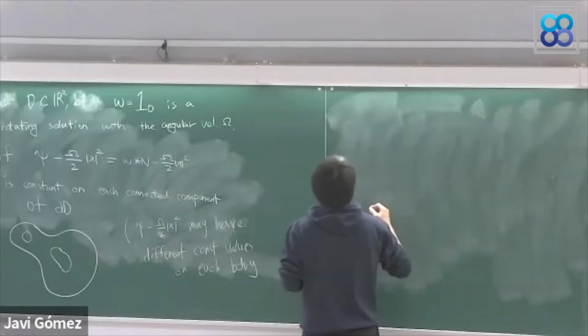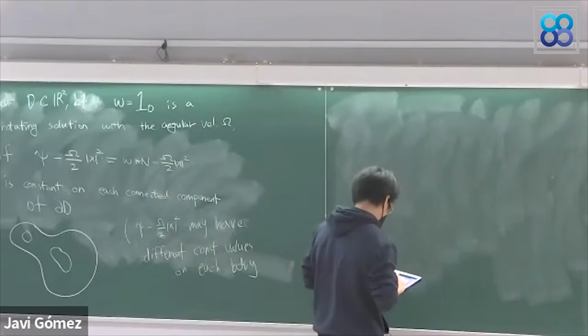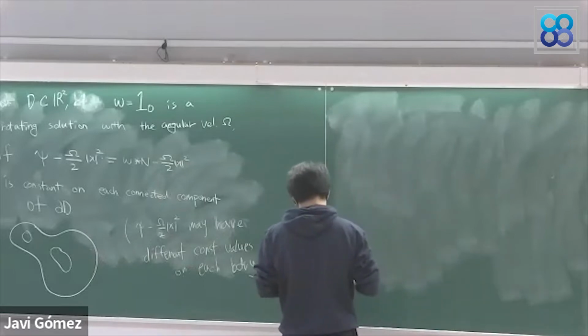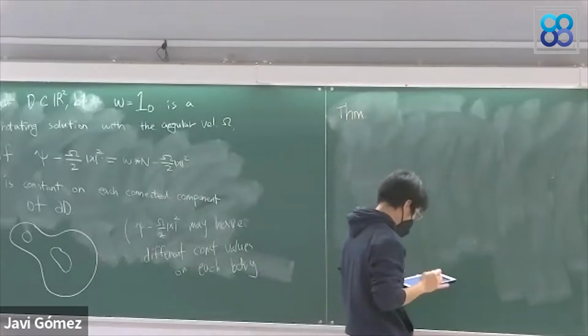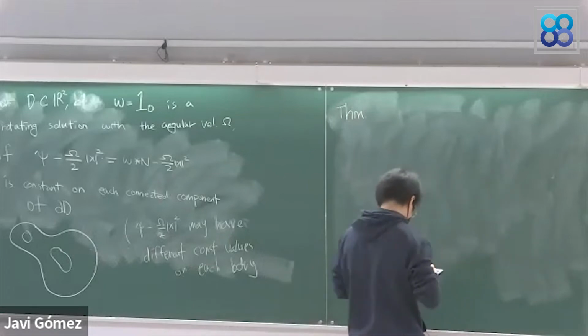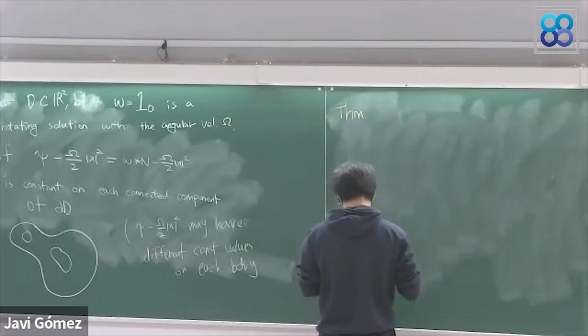And then I will write down the theorem that I'm going to prove today. So this is the main material that I want to go over. The theorem is the following.